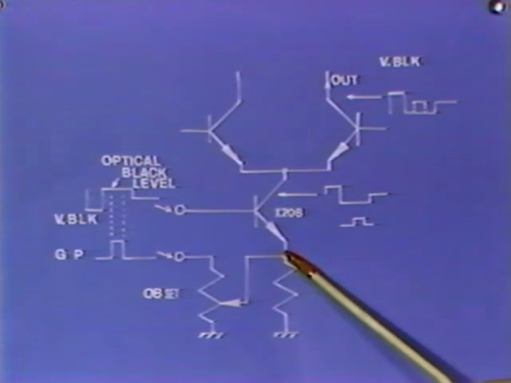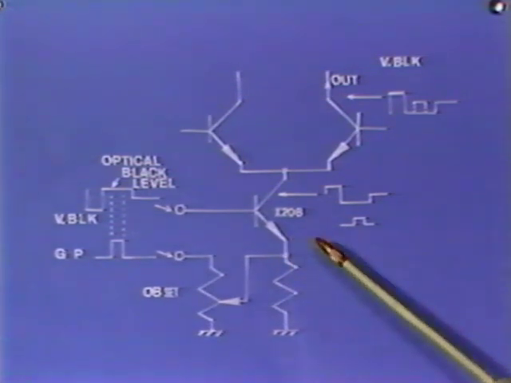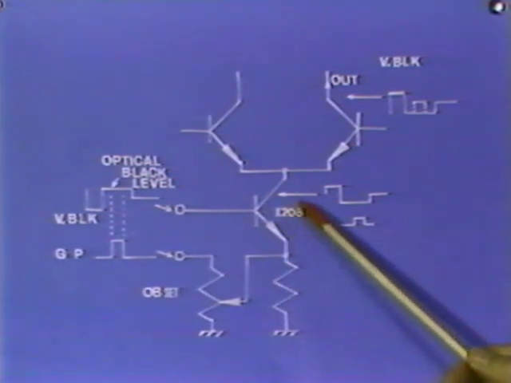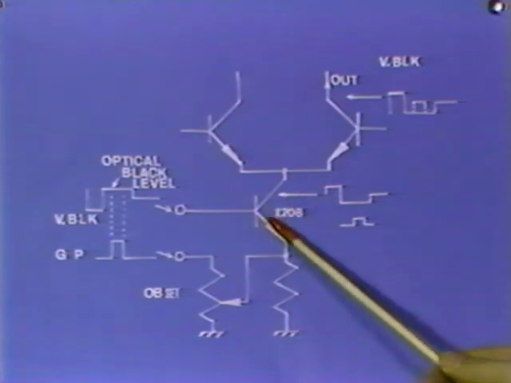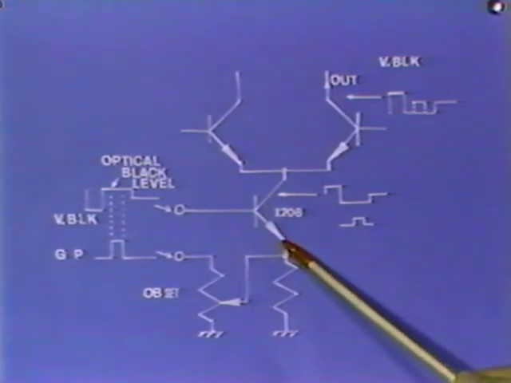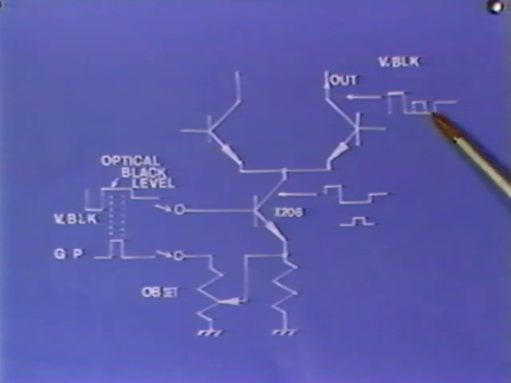Consequently, the X208 action current reduces during the gate pulse period so that the optical black level equalizes to the video black level.